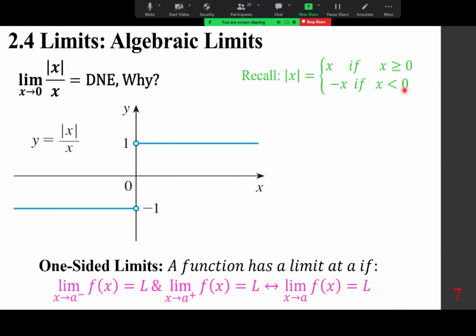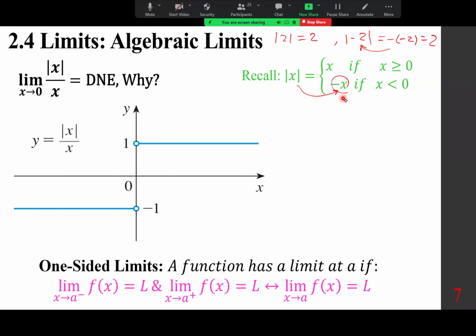Please understand the meaning of this: if x is positive, let's say you are looking at absolute value of 2, you just drop it and you say 2. But if you're looking at absolute value of -2, you put the opposite of this number. This minus x means the opposite of -2, which is 2. So please don't be under the assumption that this means negative. This means the opposite, which makes it positive.